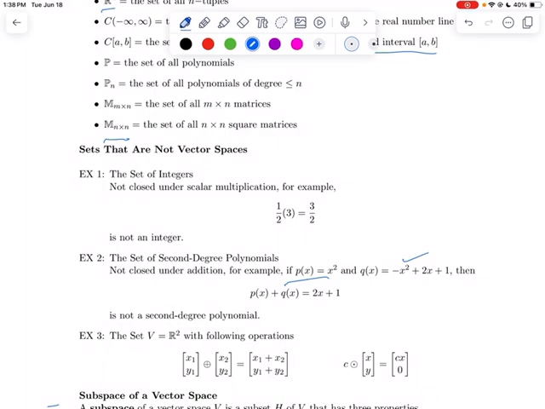But when you add them, what you get is 2x plus 1, which is not a degree 2 polynomial, so it will not be in the set. Therefore, this set of polynomials of degree 2 is not a vector space, because it is not closed under addition. That's what we say.